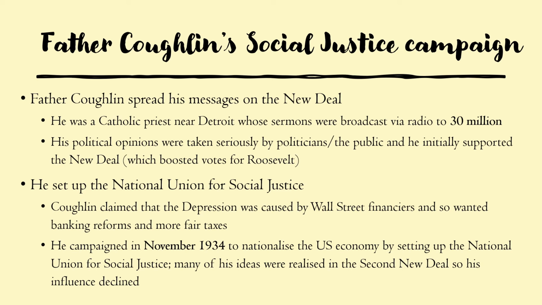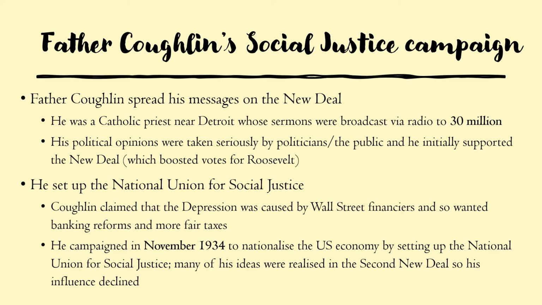The second key feature is that Coughlin set up the National Union for Social Justice. So Coughlin claimed that the Depression had been caused by the bankers on Wall Street, and he wanted banking reforms and more fair taxes, so a better taxation system, and reforms to the banking system to stop something like that ever happening again.